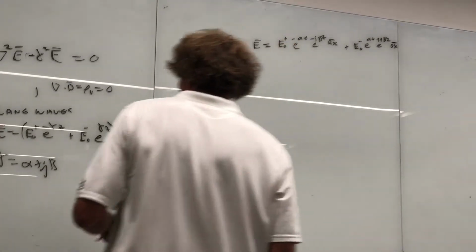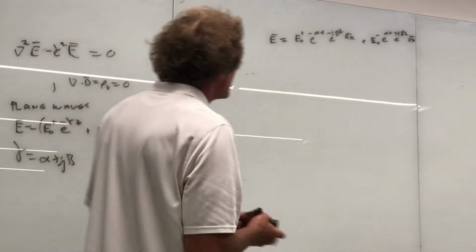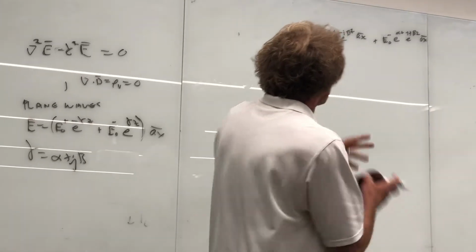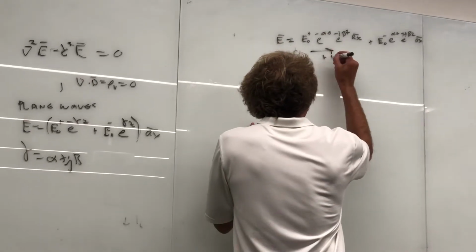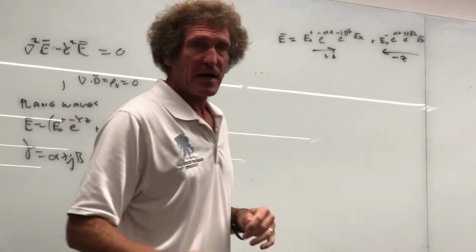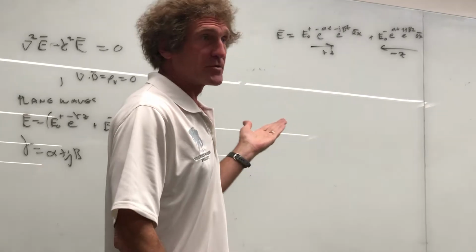I broke out gamma as alpha plus j beta. Now that's a plane wave with both a positive traveling wave, going in the plus Z direction, and a negative traveling wave in the minus Z direction. And that's in the phasor domain.